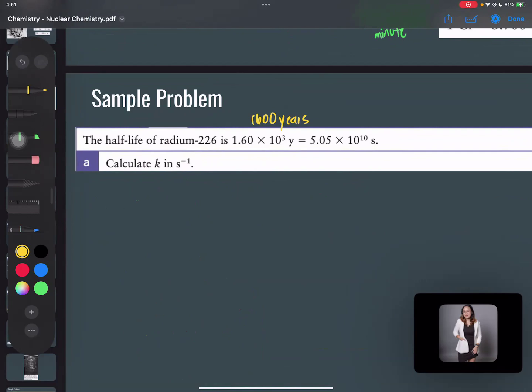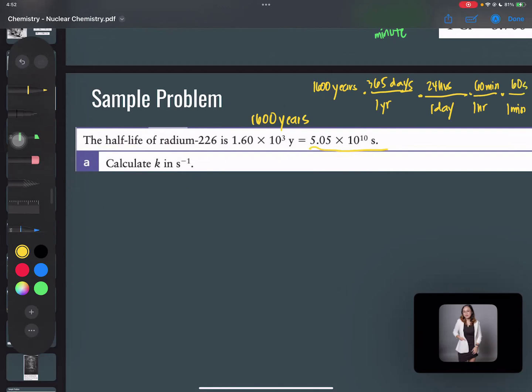That's the conversion. 1,600 years. In 1 year, 365 days. In 1 day, 24 hours. 1 hour, 60 minutes. 1 minute, 60 seconds. That's the conversion to get this value.